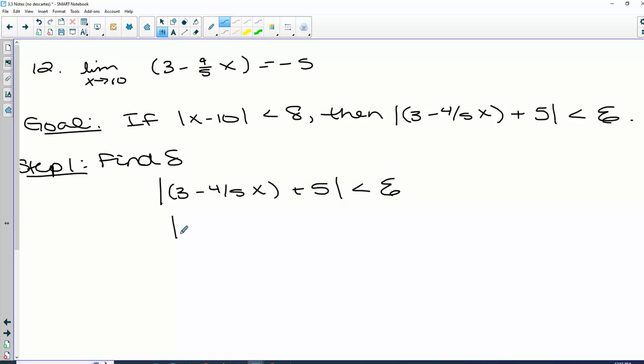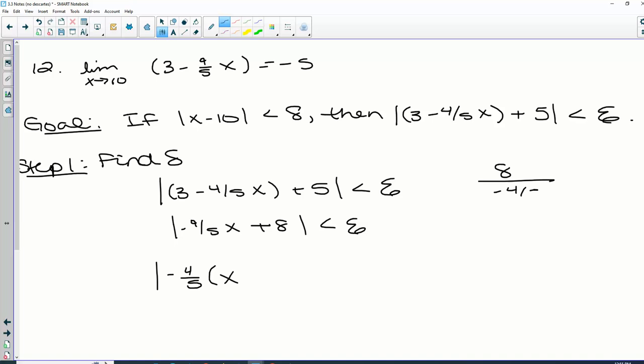Okay, so if we combine my terms, I have a negative 4/5 x, 3 plus 5 is 8. All right, I know I'm trying to turn this into x minus 10. If you factor out the negative 4/5, when you factor out something, it's like dividing. So it's 8 divided by negative 4/5, or 8 times negative 5 over 4. And what's that give me?